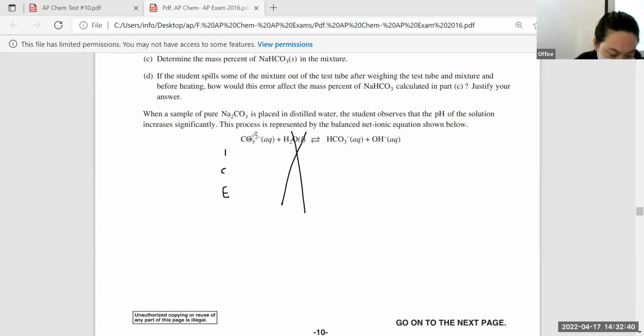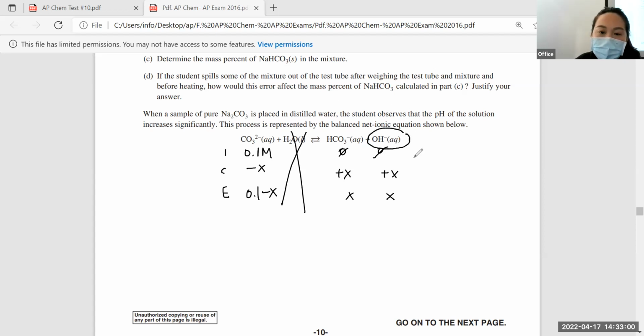Carbonate is 0.1 molar, given; products start at nothing. Change is minus x, plus x, plus x. Then 0.1 minus x, x, x. However, in the first part we found the concentration of hydroxide, which was 4.5 times 10 to the negative third. So that means x equals 4.5 times 10 to the negative third.